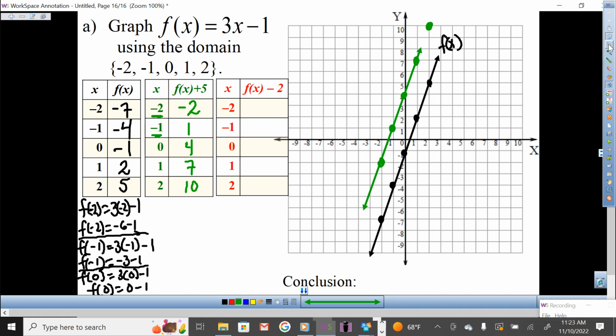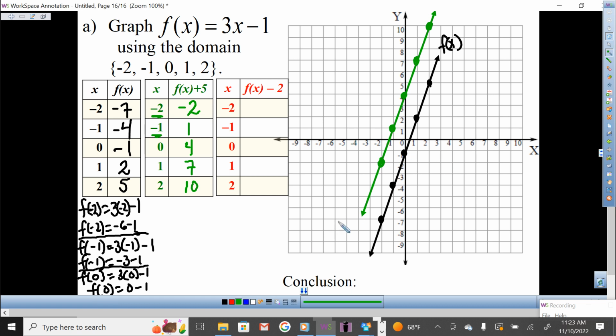Make sure it goes through all the points. All right. Not bad. Now, since this one is no longer an original function, we can't label it f of x.